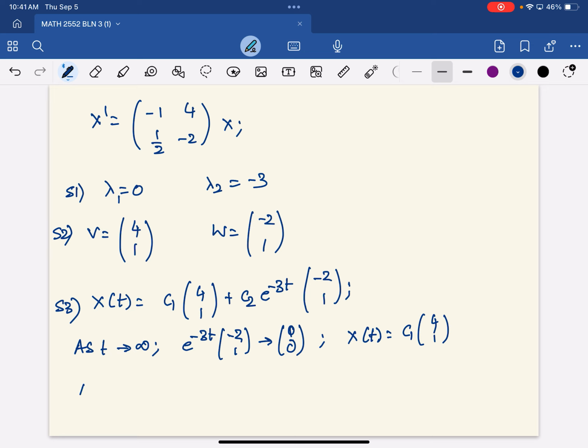So as t goes to -infinity, what happens? You can see that this is the larger, dominating term. As t goes to -infinity, your solution x of t really goes to the e to the -3t term times (-2, 1), and that becomes infinite and unbounded.